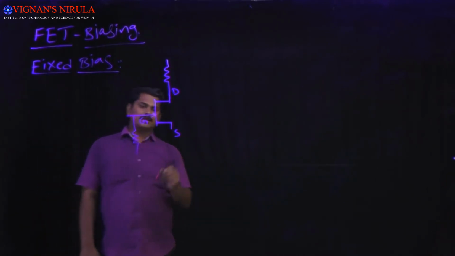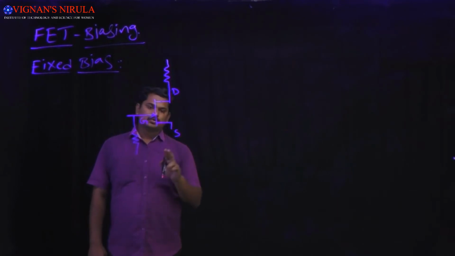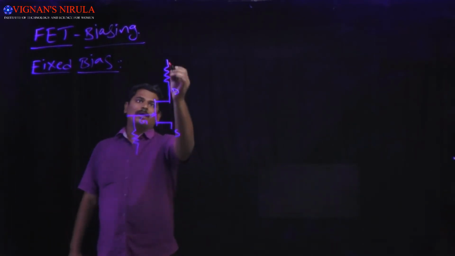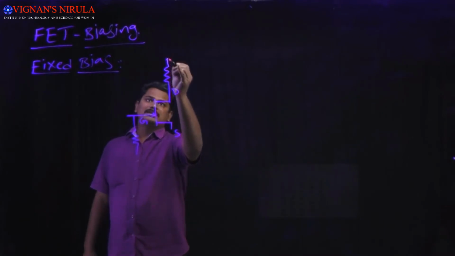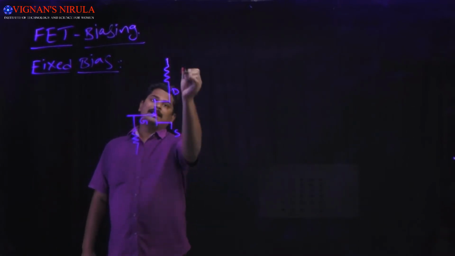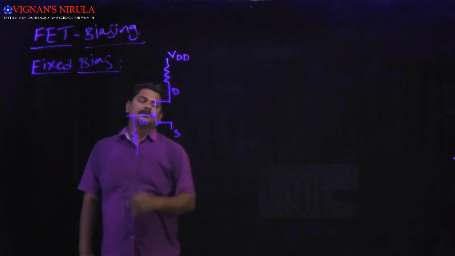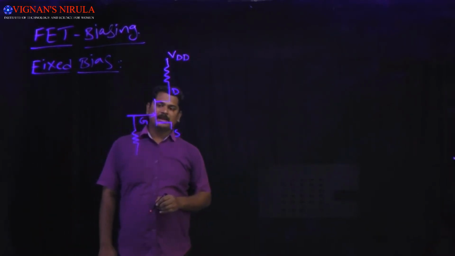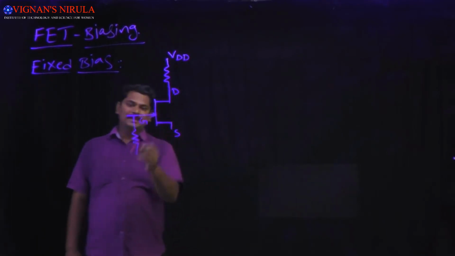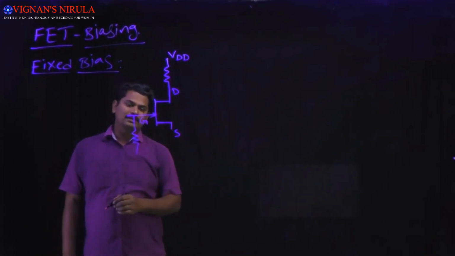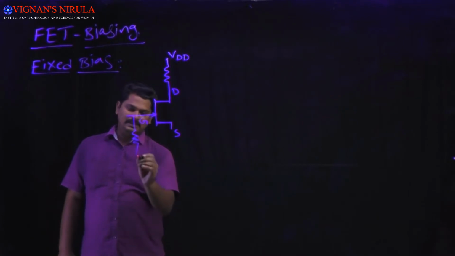Similarly, here we are using two DC power supplies. One DC voltage we are applying across the drain, that is called VDD, and one more power supply we are applying across the gate via this resistor.